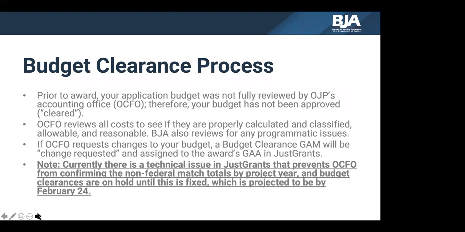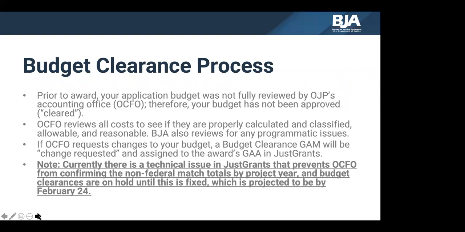Budget clearance process. Your budget must be approved, cleared by both BJA and OJP's Accounting Office, OCFO. OCFO cannot fully review budgets prior to award notification due to a technical issue in JustGrants preventing verification of non-federal match by project year.